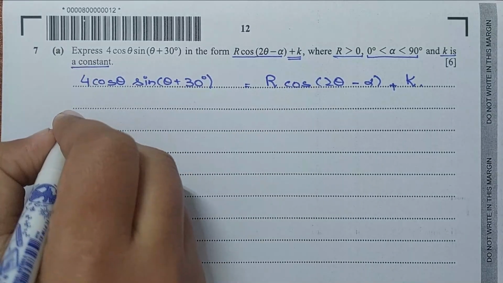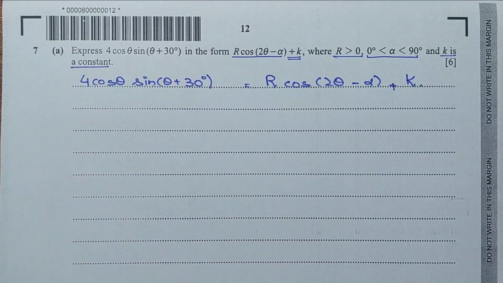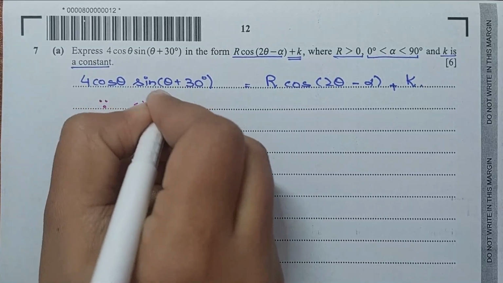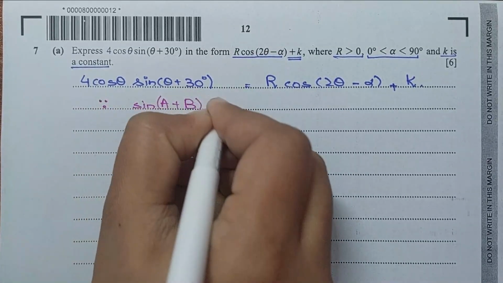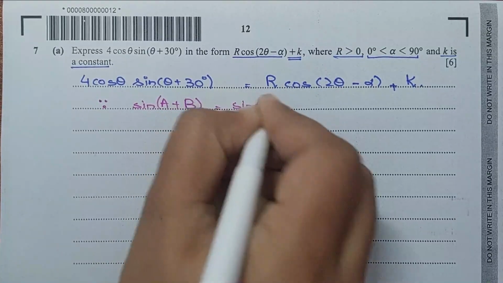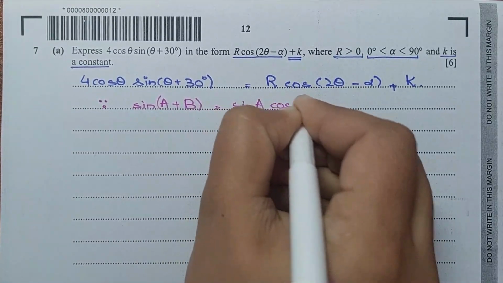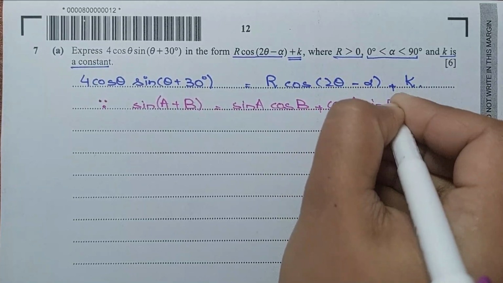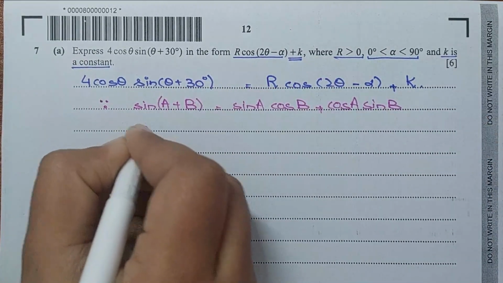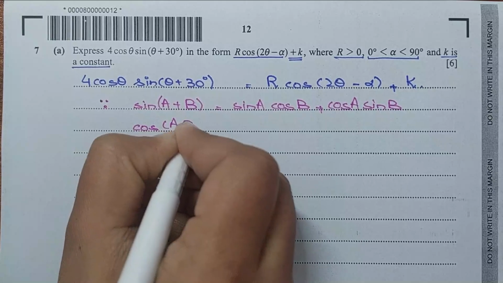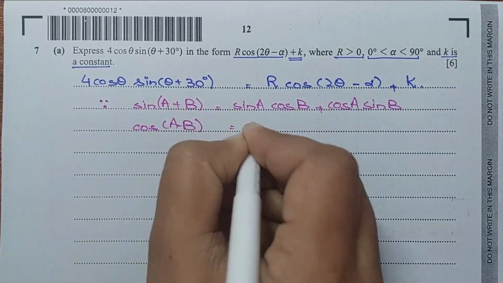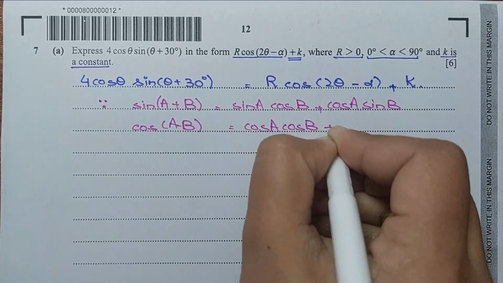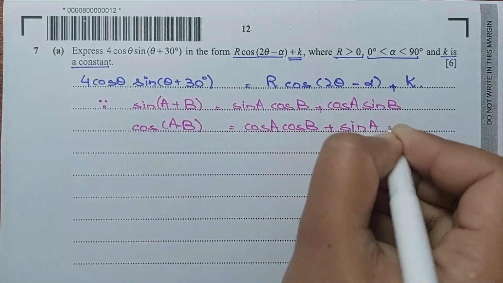Okay. So here we have to use the double angle formula for sine (a plus b). Sine (a plus b) equals sine a cos b plus cos a sine b. And the formula for cos (a minus b) is cos a cos b plus sine a sine b.